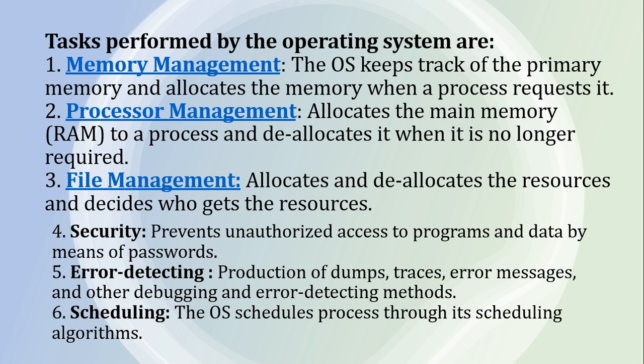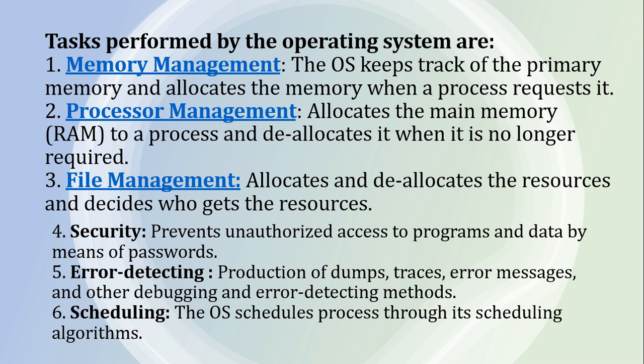Primary memory is RAM. When we execute any program, it runs on RAM, and the operating system manages when it has been started and stopped, allocating and deallocating.